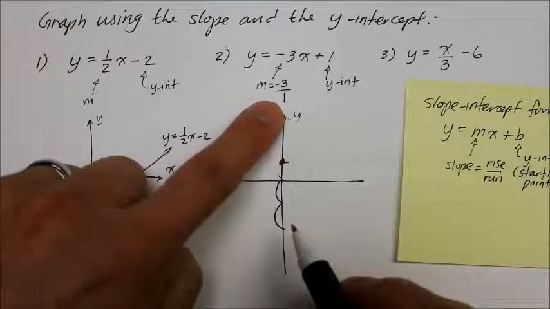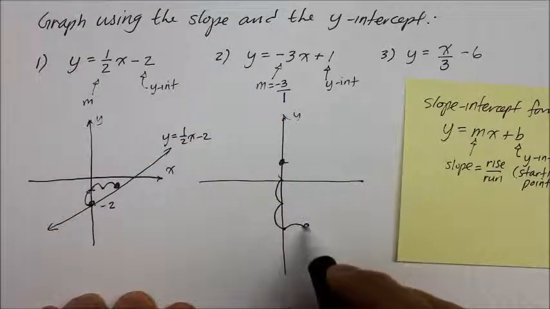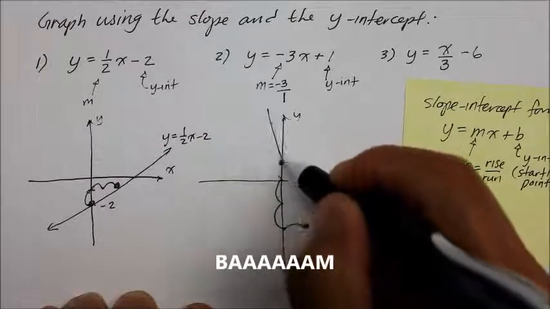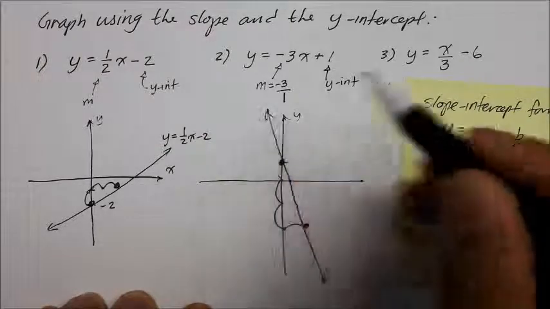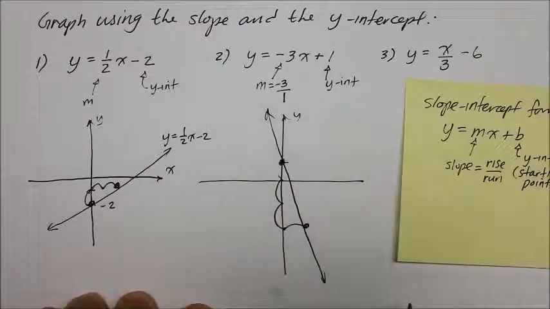Then, since the run is positive 1, you go to the right 1. Bam! You have a line that's going down from left to right because the slope is -3. So this function is represented by that line going down, y equals -3x plus 1. There you go.